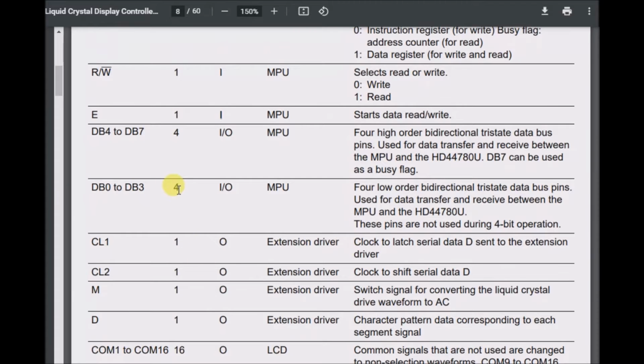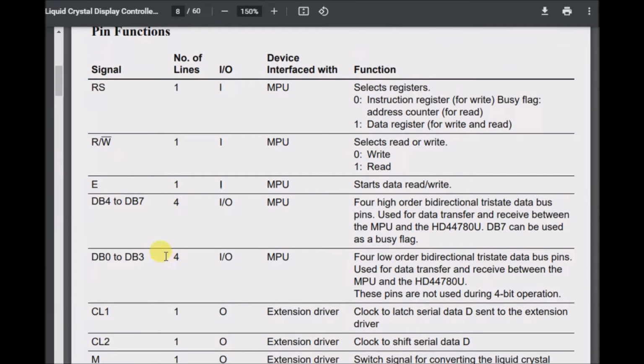DB0 to DB3, 4 lines, input output, for low order bidirectional tri-state data bus pins used for data transfer and receive between the MPU and HD44780U. 3 pins are not used during 4-bit operation.